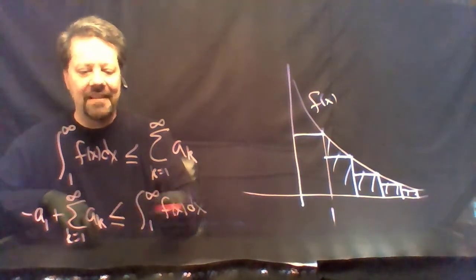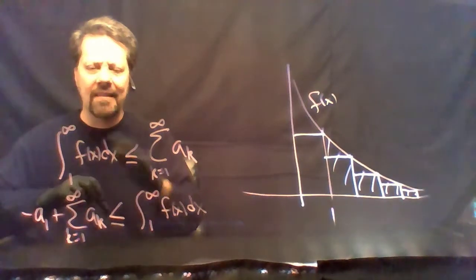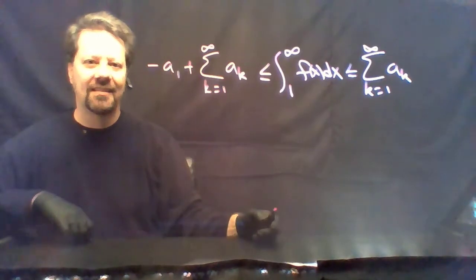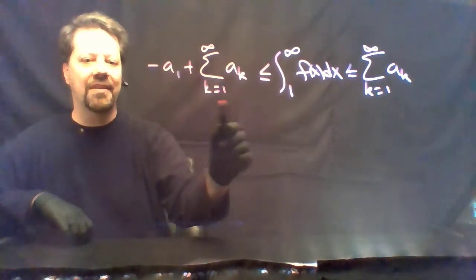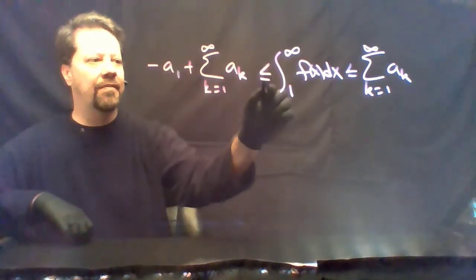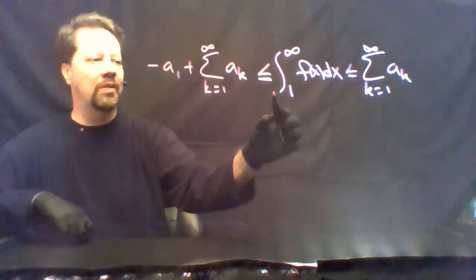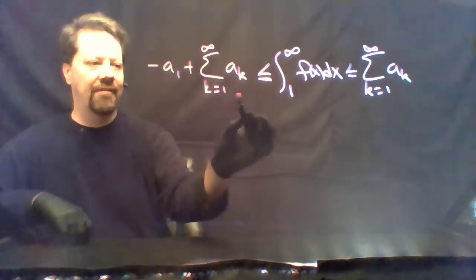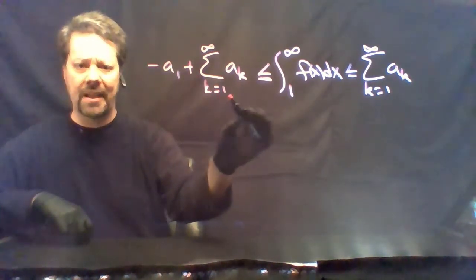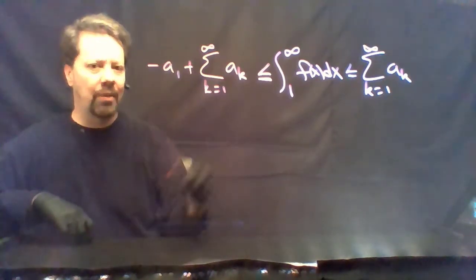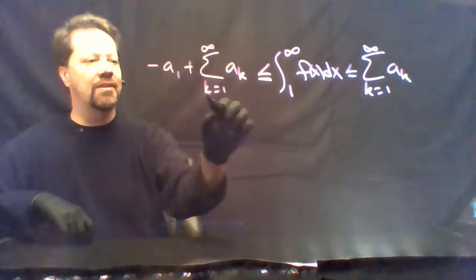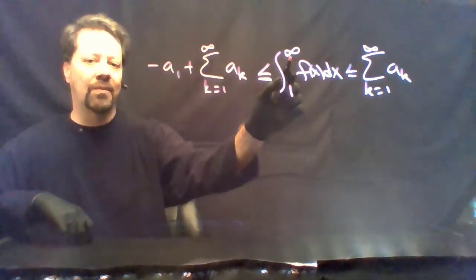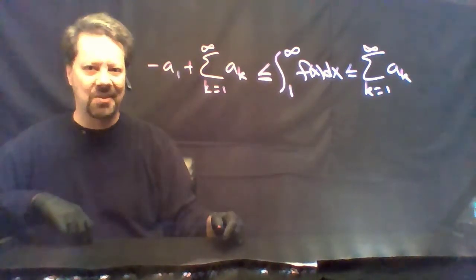It's analyzing these two inequalities that will allow us to make the conclusion on the theorem. You can see now that if the series diverges, the first inequality will imply that the integral diverges as well. The only way a series with positive terms can diverge is to blow up to plus infinity. So if the series goes to plus infinity, then the integral will also go to plus infinity.